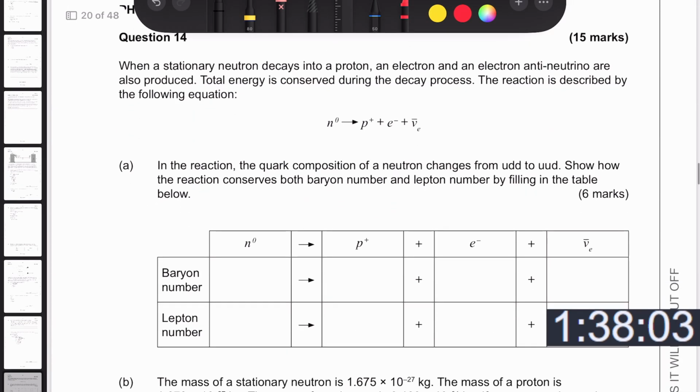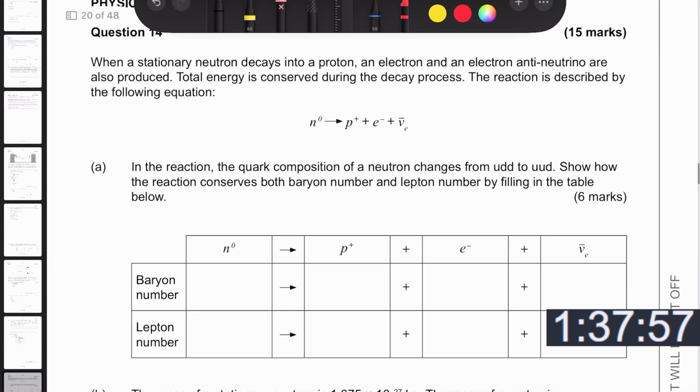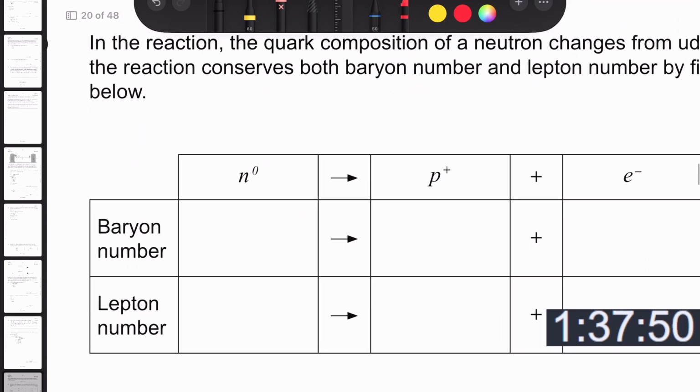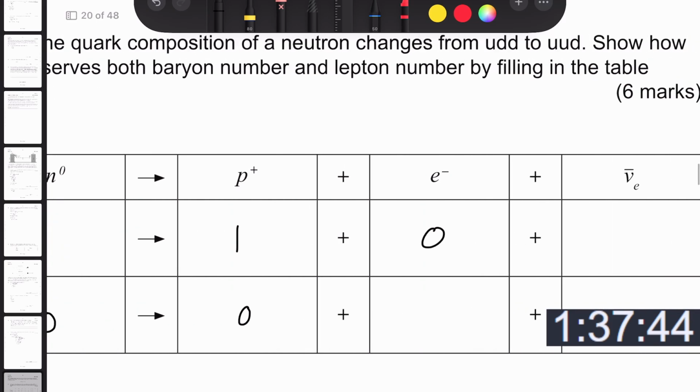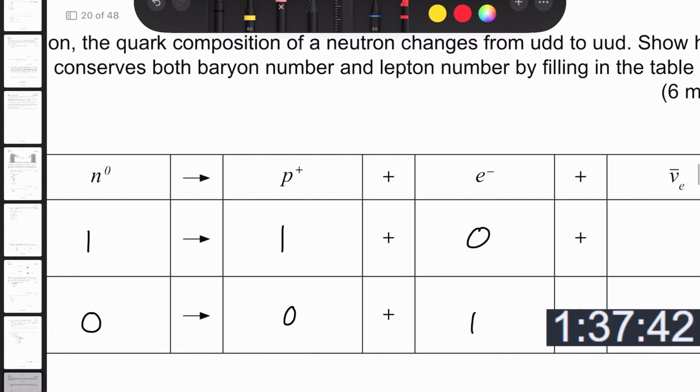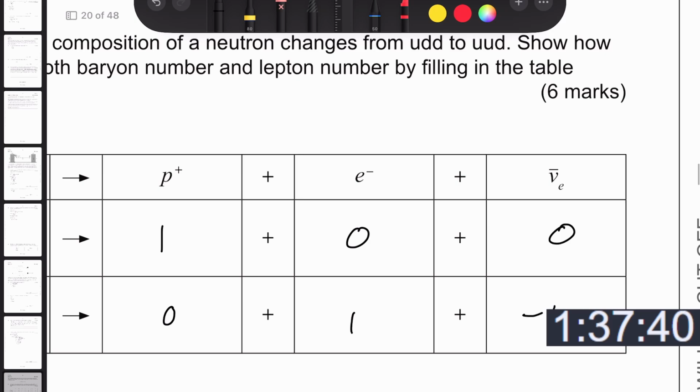Alright, page 20. When a stationary neutron decays into a proton, an electron and an antineutrino, filling in the tables. The baryon number is 1, 0, 1, 0, 0, 1, and this is 0, negative 1.